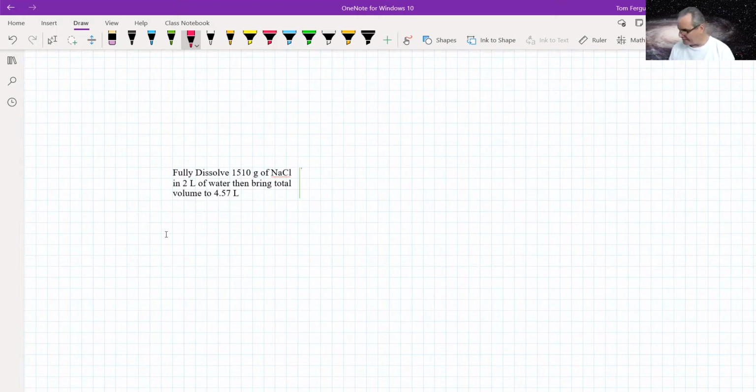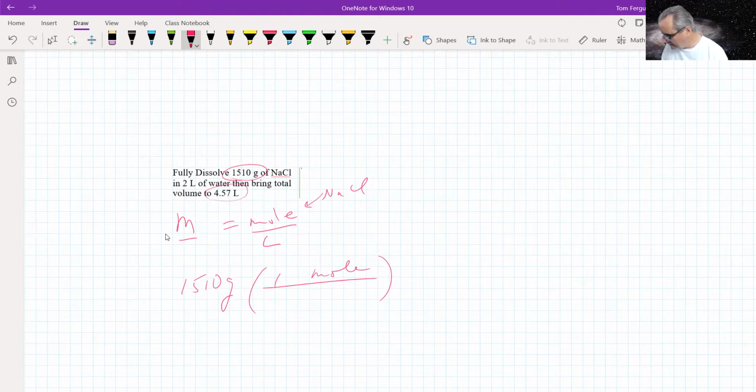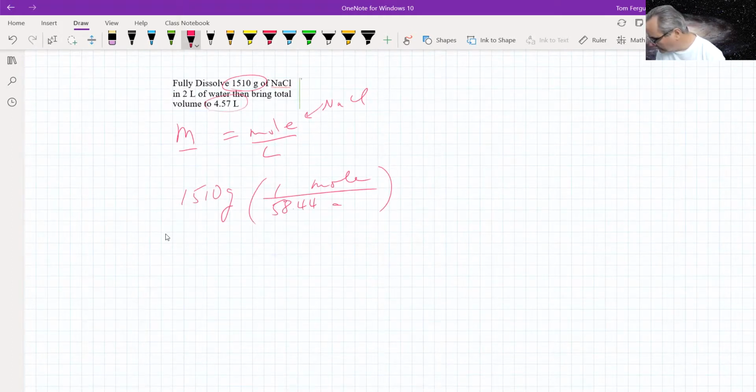What's the concentration? Okay, now remember, concentration is moles per liter. Well, right now we can find out how many moles we have in 4.57 liters. So what we do is we want moles of sodium chloride here. So we have grams converted to moles. So we're going 10 grams, and it was 58.44, wasn't it? This will give us moles of sodium chloride.